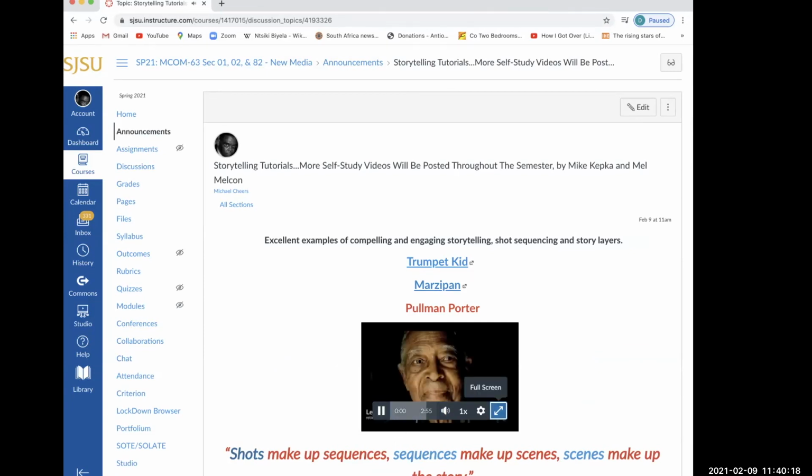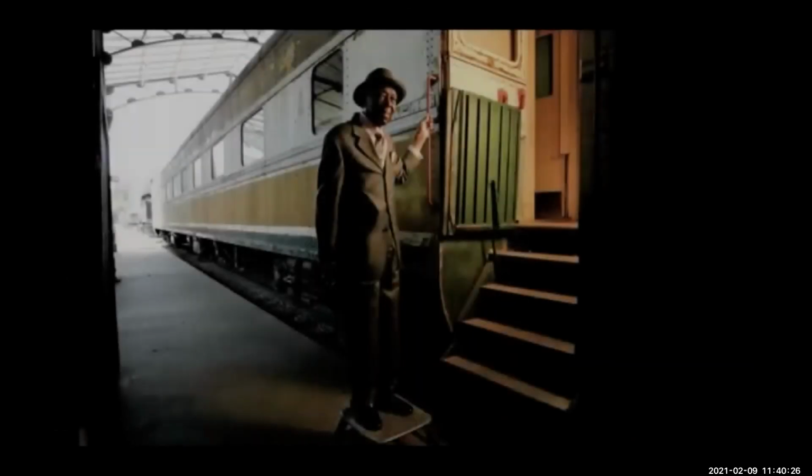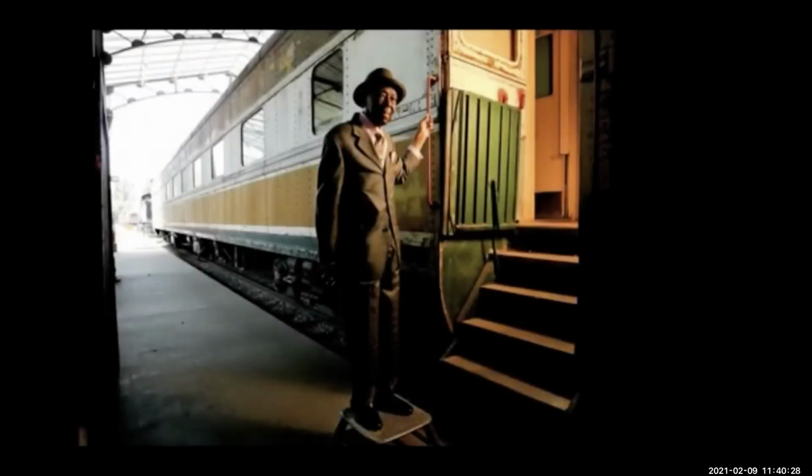My name is Lee W. Gibson, and I am 100 years old. My first job was as a chair car attendant. Was to load the passengers, take care of our luggage, clean the coaches, and unload them at various stops where they were to get off. My salary at that time was 23 cents per hour.